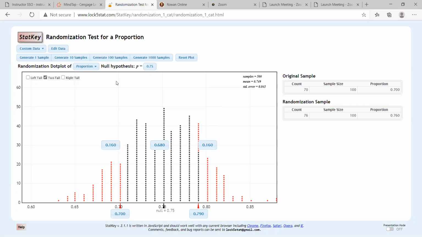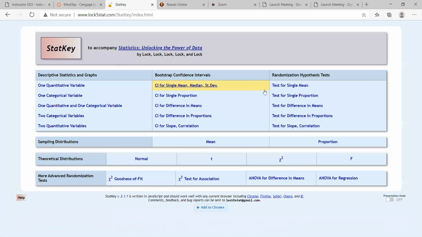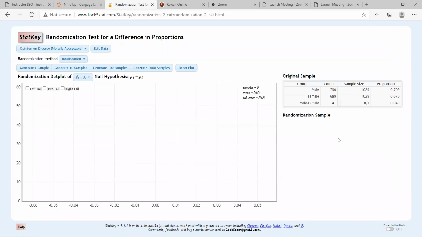And now we're going to do a randomization test for a difference in proportions. So we have two populations now that we're comparing. And I think the one that we're looking at now is good enough. This is a good example. All right.